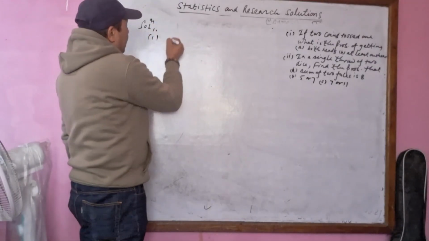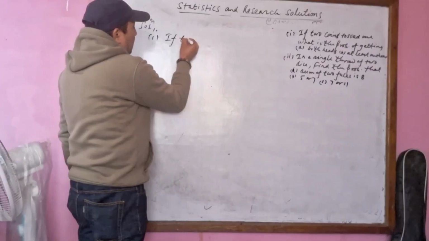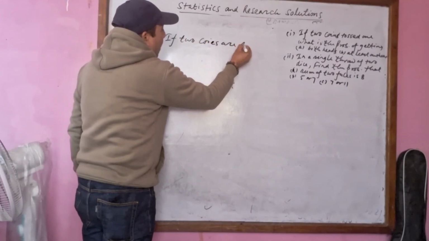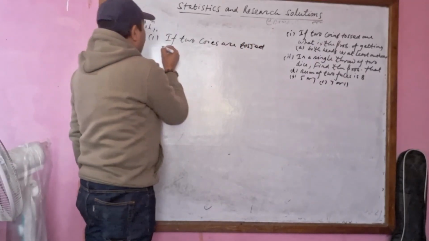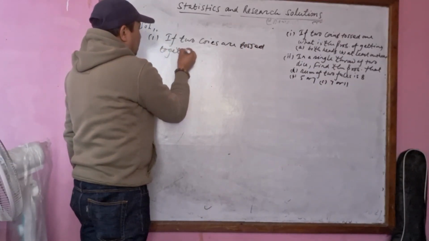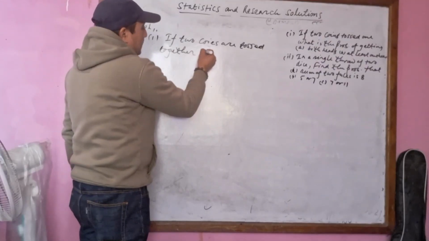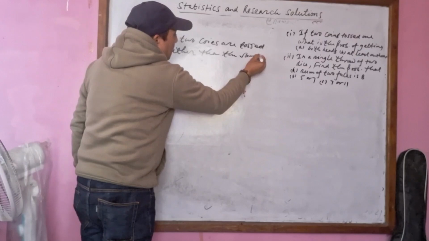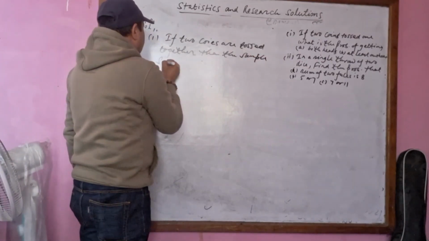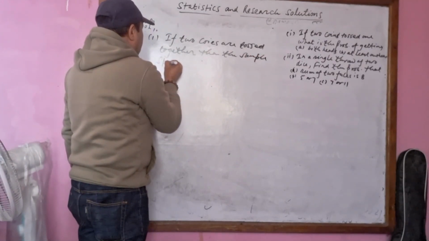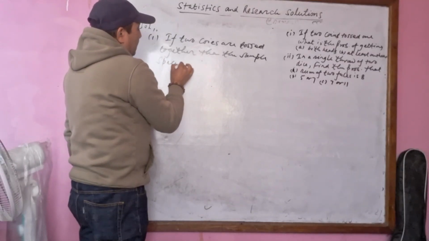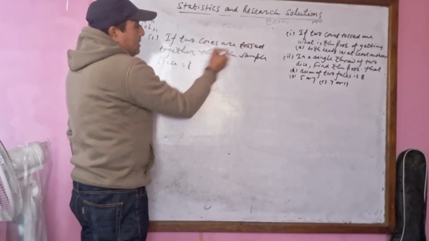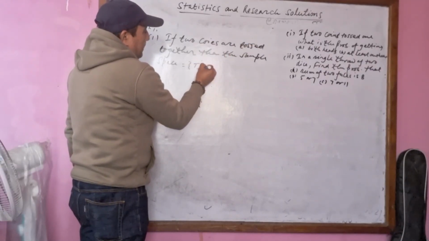Question number one, if two coins are tossed together, then how many cases does the sample space contain?